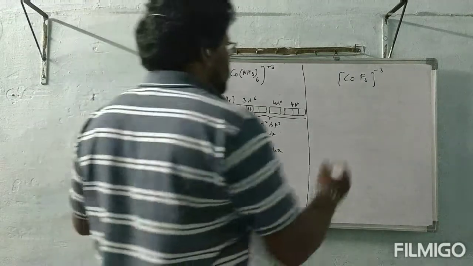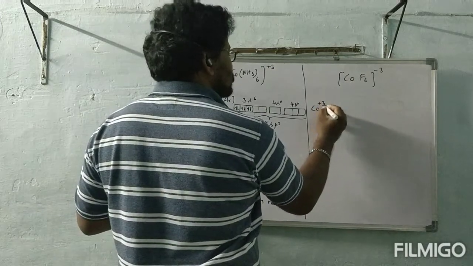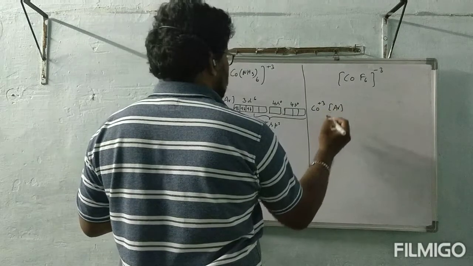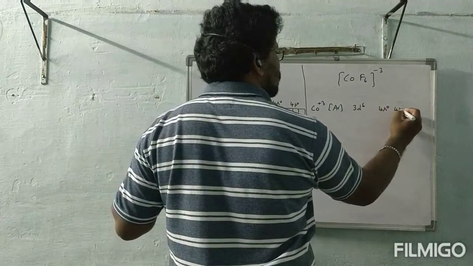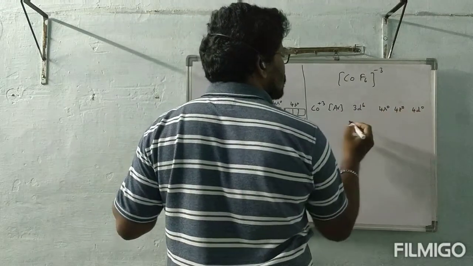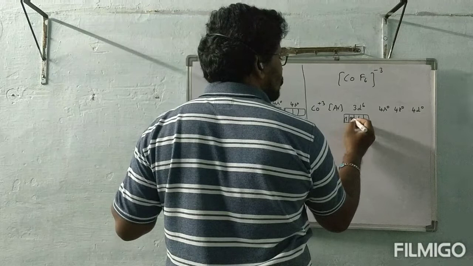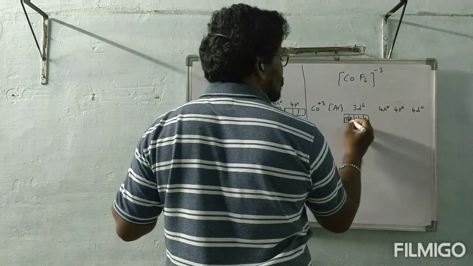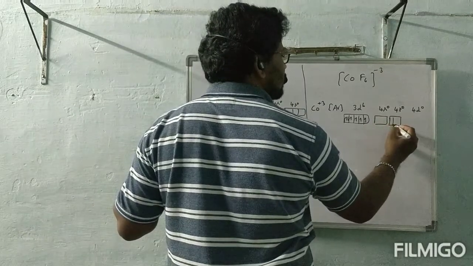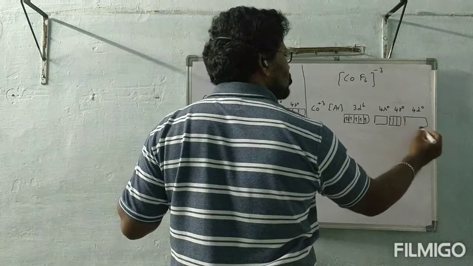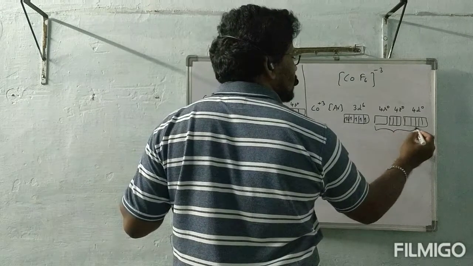Next, I'm coming to CoF6 3 minus. Co 3 plus configuration: argon 3d6, 4s0, 4p0, 4d0, 1, 2, 3, 4, 5, 6. 4s0 is an empty orbital, 4p0 has 3 empty orbitals, and 4d0 has 5 empty orbitals available, but it will use only up to 2 more.